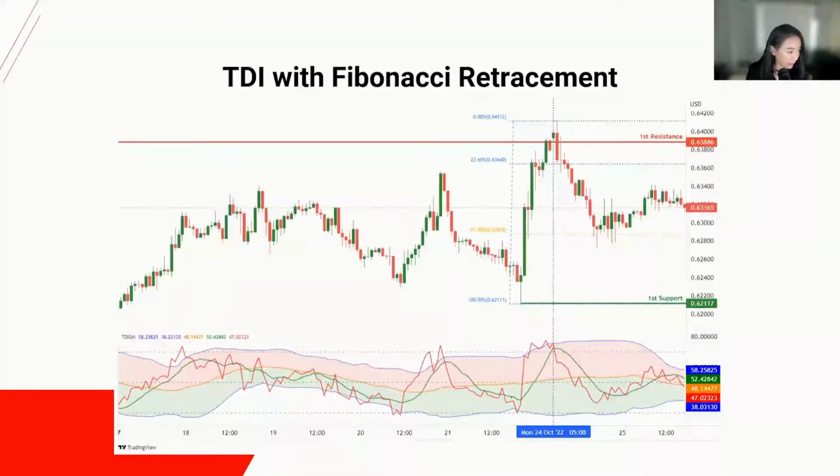The green line is crossing the red line from below. So imagine we take a look at this one. The green line is crossing the red line from below, which gives us a signal to what? To buy.